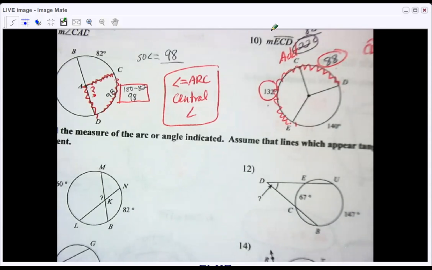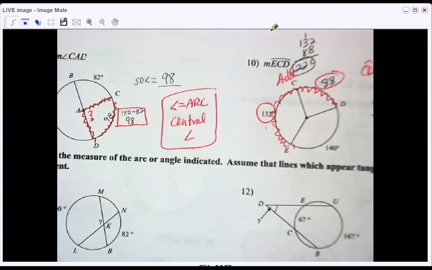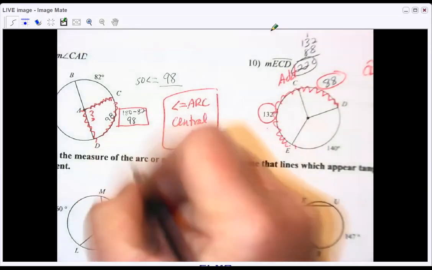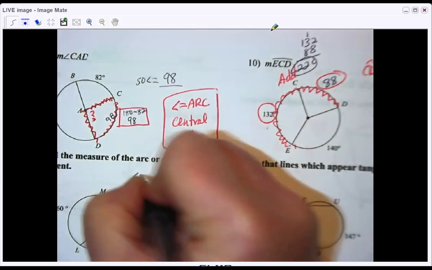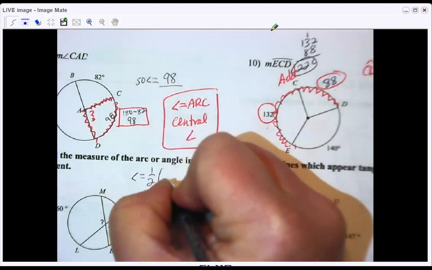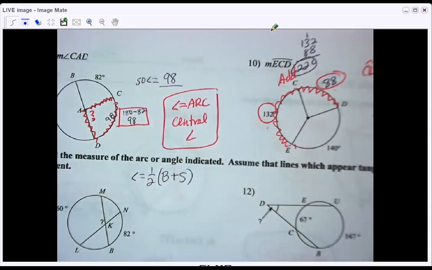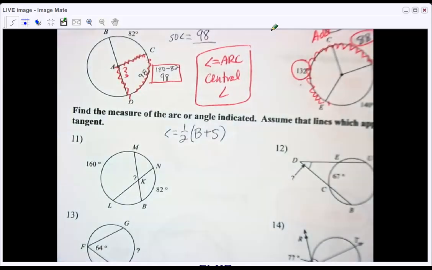So we're working on assignment number 25 together, just coming in, and we're going to look at these. So this is the formula that your angle is equal to 1/2 arc 1 plus arc 2, or the big arc plus the small arc.